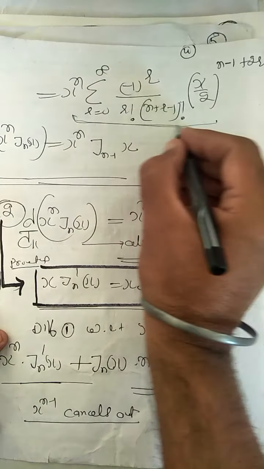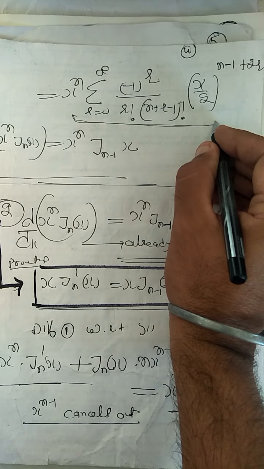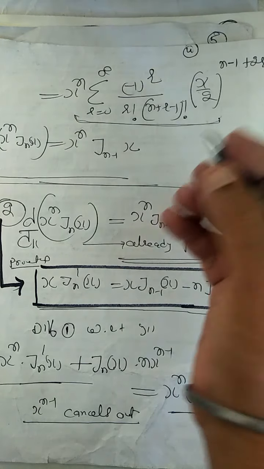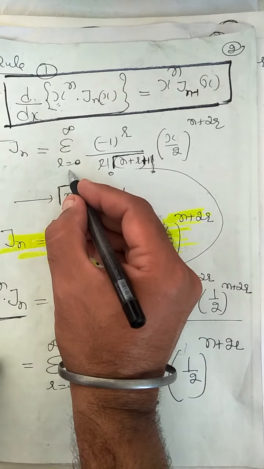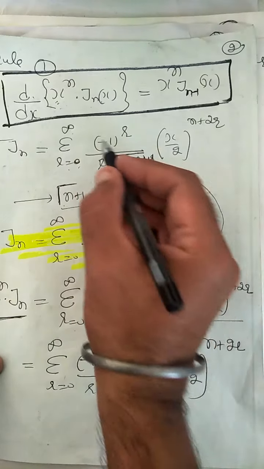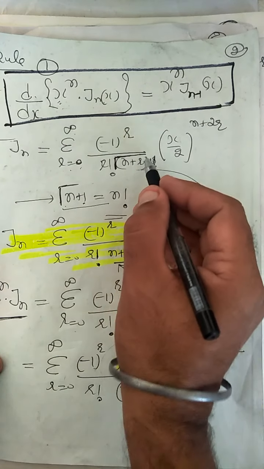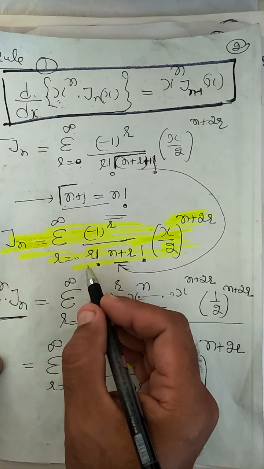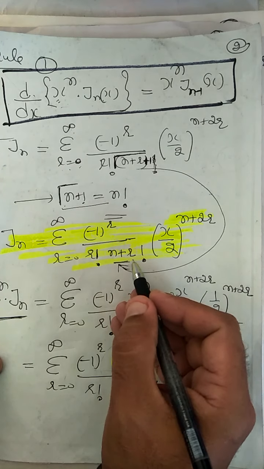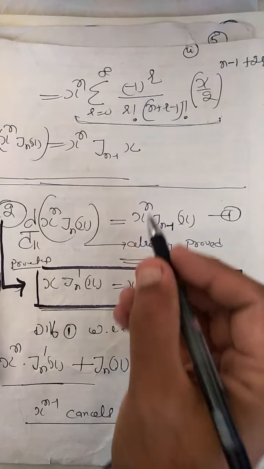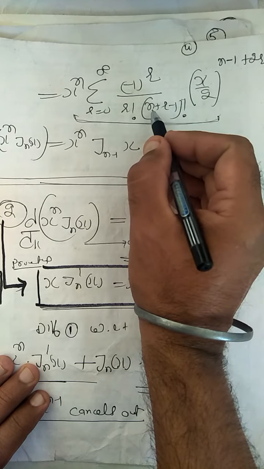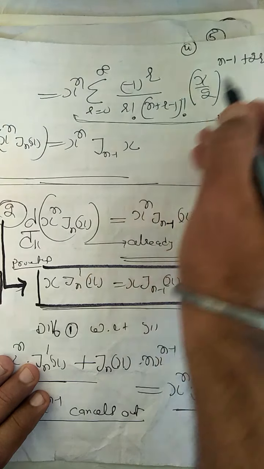If you see this expression carefully, this is the same as Jn, except with n minus 1 in place of n. Minus 1 raised to the power r, over r factorial, into n plus r factorial: in this expression n minus 1 is there in place of n.